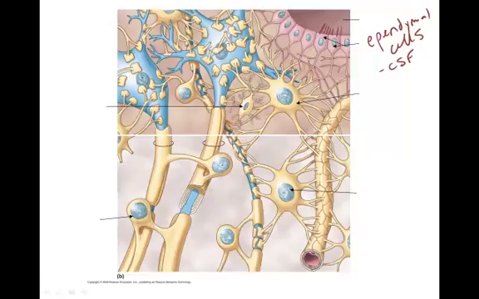Here we have an astrocyte. Again, astrocyte, because these cells are stellate, they look like stars. Here we have the extensions of the astrocyte literally closing off a blood vessel, creating the blood-brain barrier, the BBB.